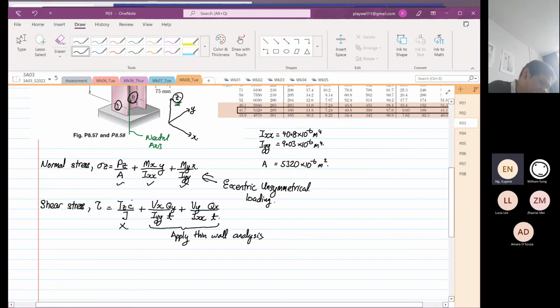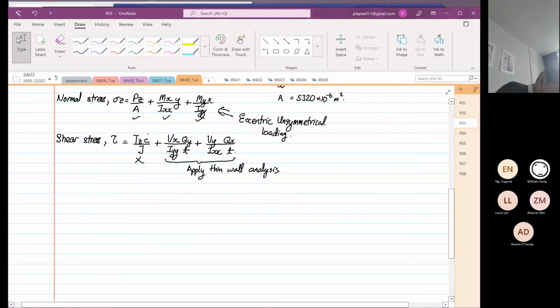So the first thing is the step procedure.